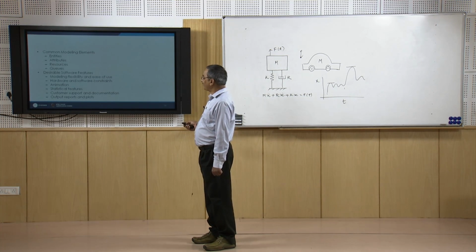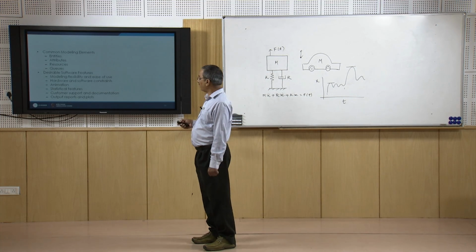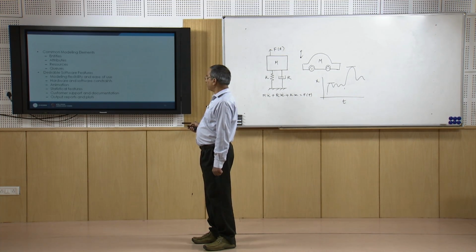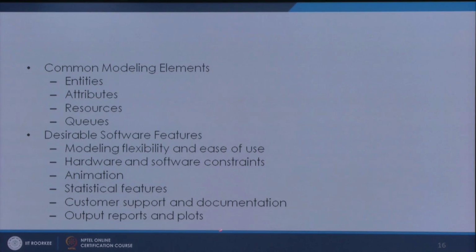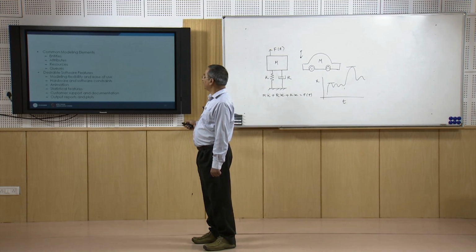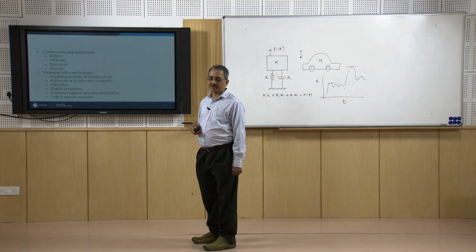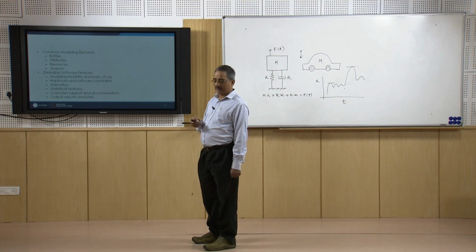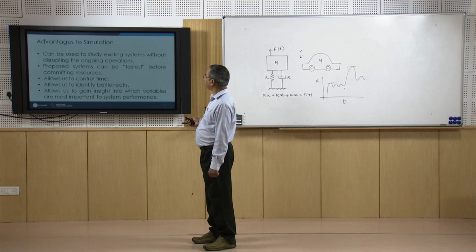Then, if some statistical features are there in your software, it is very good. Then customer support and documentation, output reports and plots. So, these are some of the desirable features which should be available with simulation software.